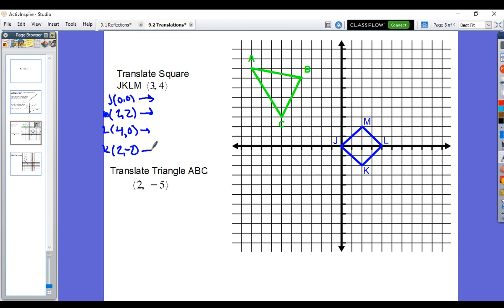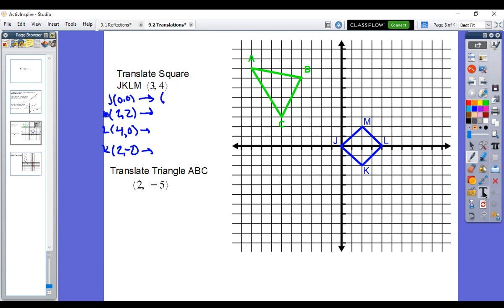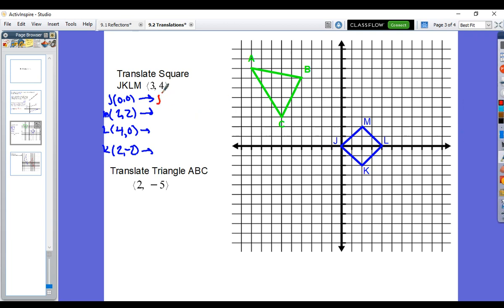So we're going to add 3 to the x and 4 to the y to get the new coordinates. We'll call the first one J prime. J prime means it's the new change, this got changed to this. J prime becomes 3, 4.